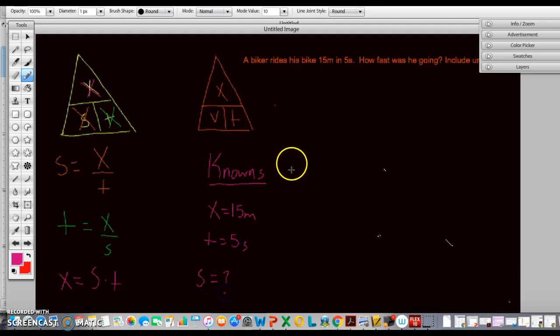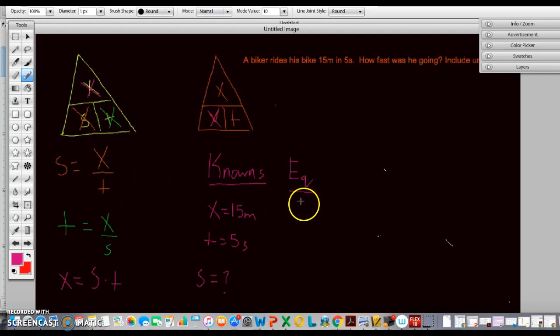Okay, so we're going to go to the next part, which is the equation for this problem. The speed is what we're trying to find. And so we said here velocity and speed are like the same thing. So really we're trying to find the velocity, so we're going to cross out the velocity. And what does the equation read? X divided by t, just like over here.